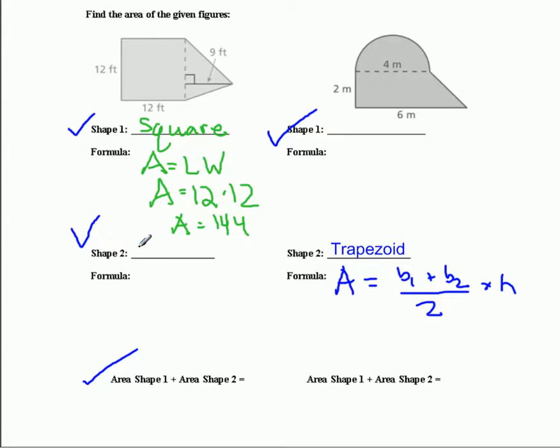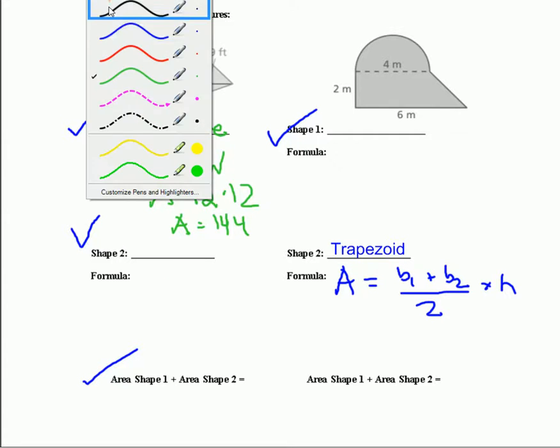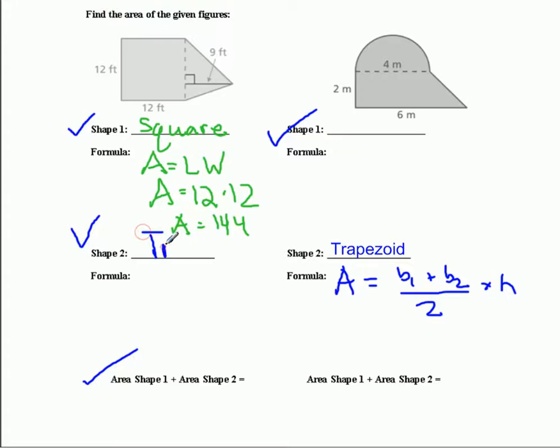The second shape is obviously a triangle. So I need the formula that I wrote above, 1/2 base times height. Again, I take my time to really look at this shape, and I even might want to redraw it up here, because remember, I don't really put a triangle on its point or on its side.